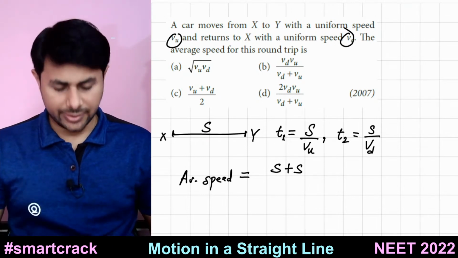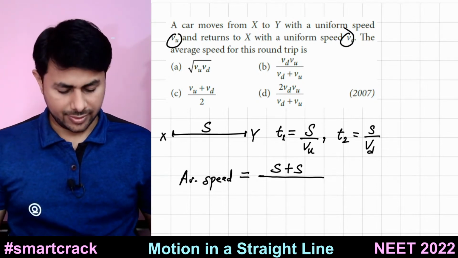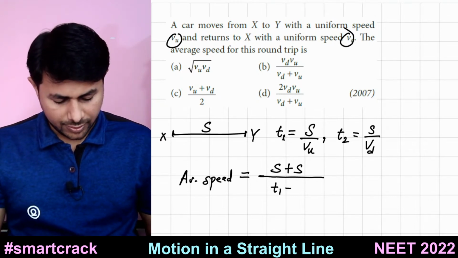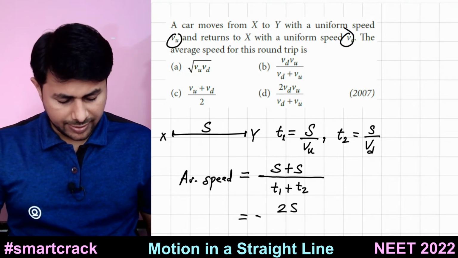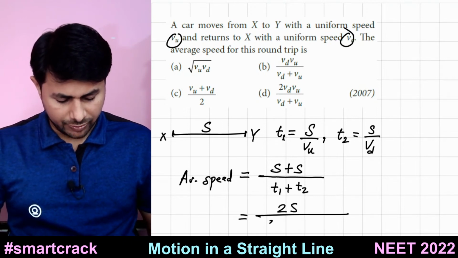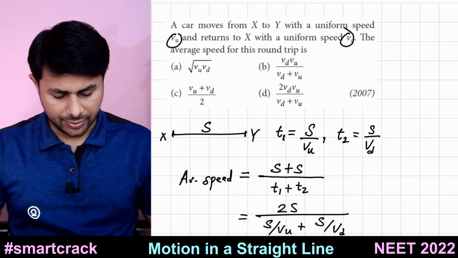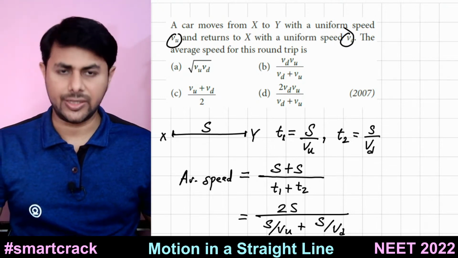So s plus s is the total distance, divided by the total time, which is t1 plus t2. So that is 2s divided by s upon vu plus s upon vd. Okay, t1 is s upon vu, t2 is s upon vd.